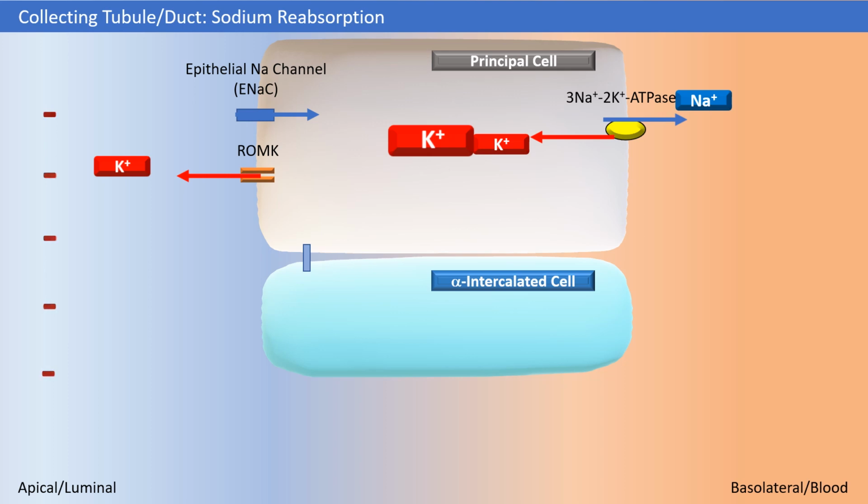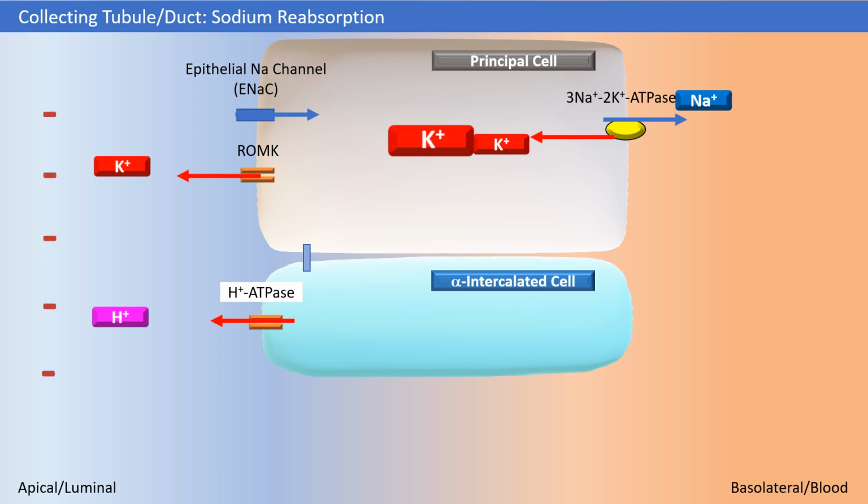Next door, we have the alpha intercalated cell. This cell is equipped with a proton transporter called hydrogen ATPase. Intracellular hydrogen also likes the negatively charged lumen and gets secreted into the lumen via hydrogen ATPase.